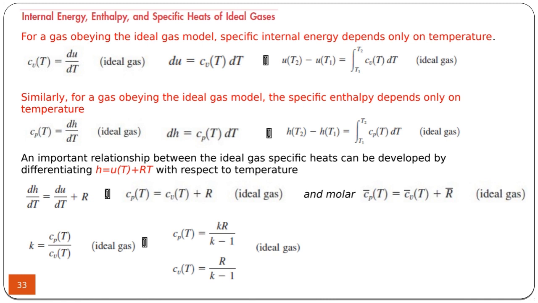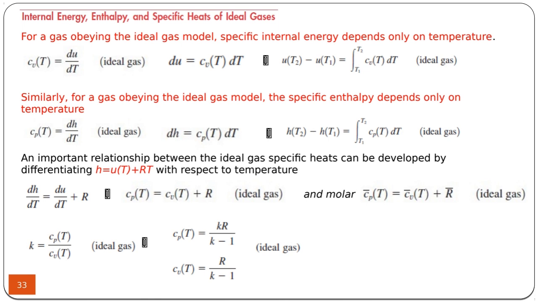By the definition of enthalpy, it's a combination property, as I said, it's u plus RT, so that enthalpy and internal energy can be related to each other, so that the specific heats are related to each other also. It's important to see that the constant pressure specific heat is equal to Cv plus R, or you can also use it on a molar basis.